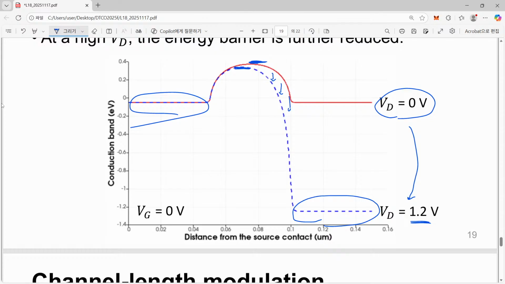Actually, charge sharing and DIBL are cross coupled. So we cannot think about a case where the charge sharing effect is so severe, but there is no DIBL. There is no such device.